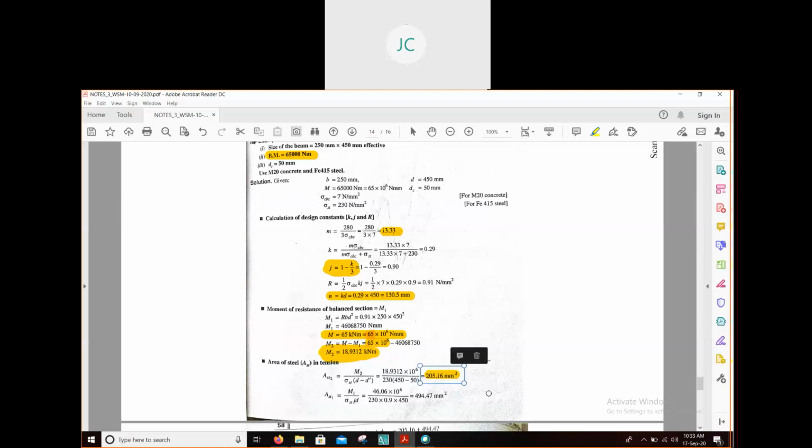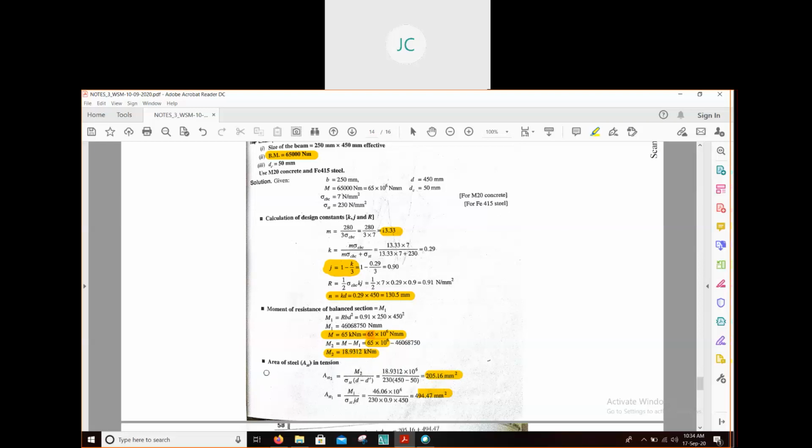We have seen that for a balanced section we need this amount of steel, but in this case, since we have to resist some extra amount of moment, that is 18.9312, this M2, we need some extra reinforcement. We can calculate it by this formula. This amount of steel we need to provide extra to resist this bending moment.